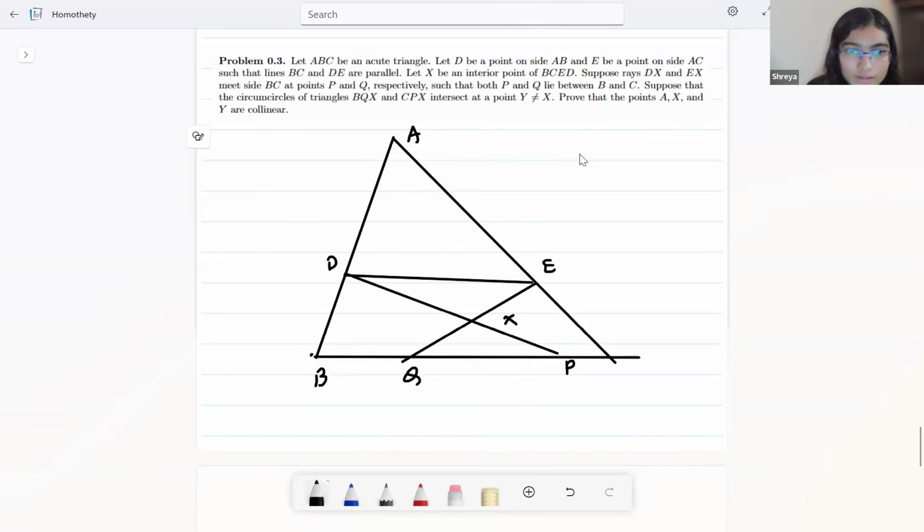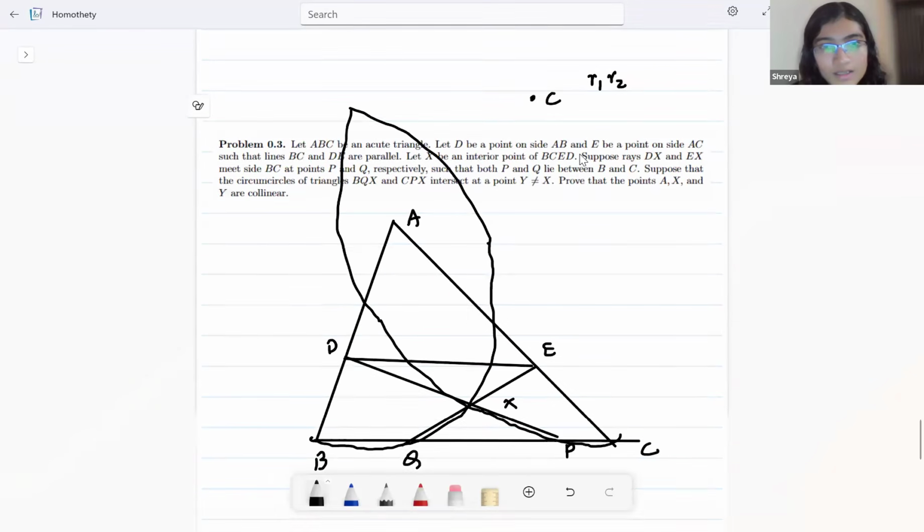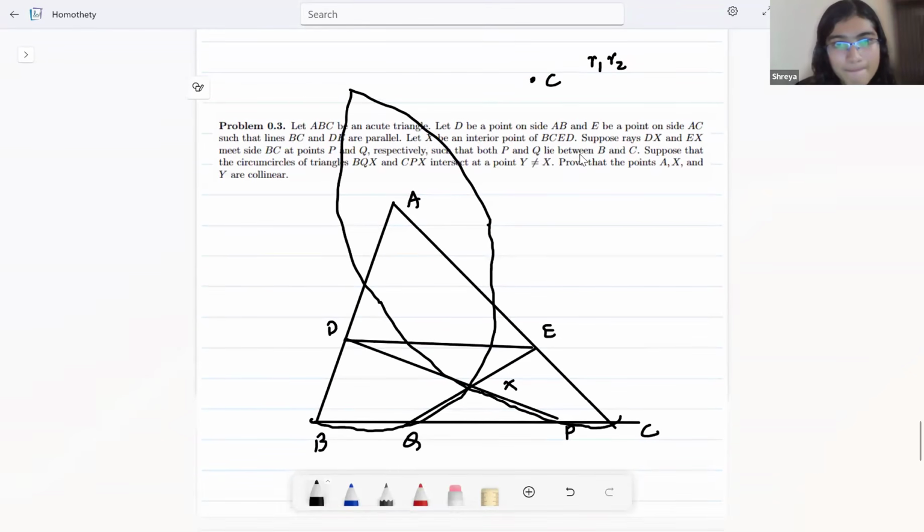Okay, and now we have these two circles. They intersect somewhere at Y. We need to prove A, X, Y collinear.